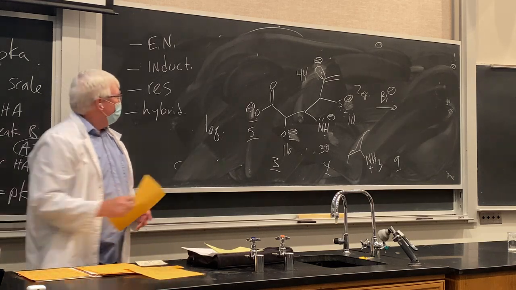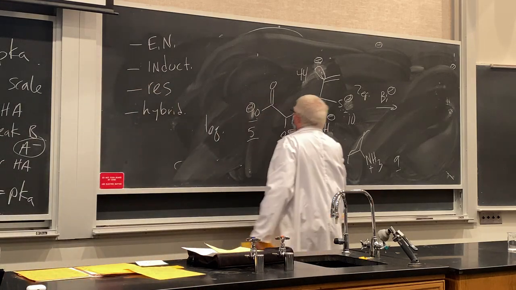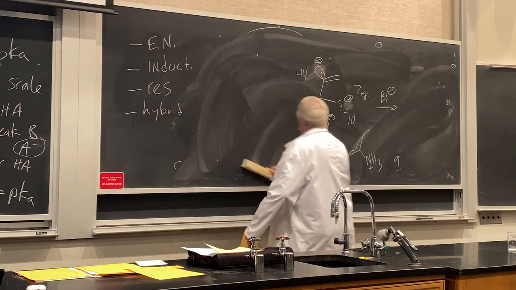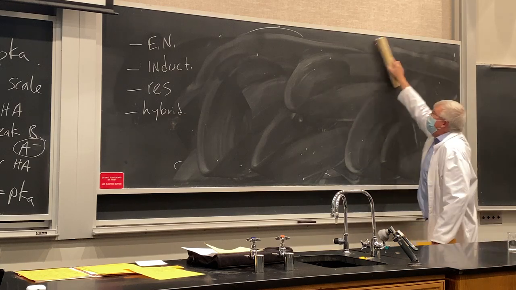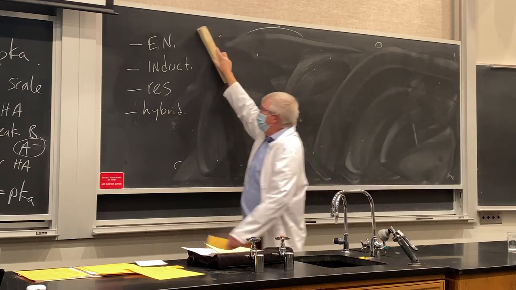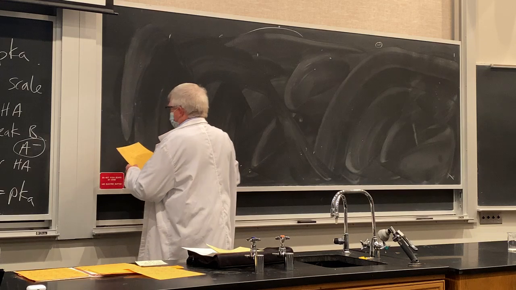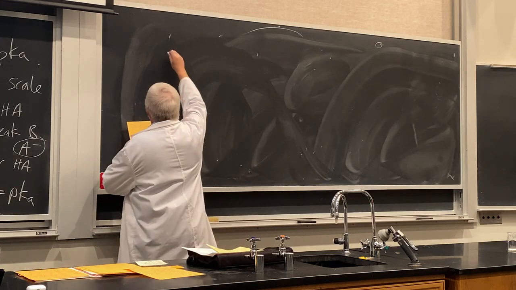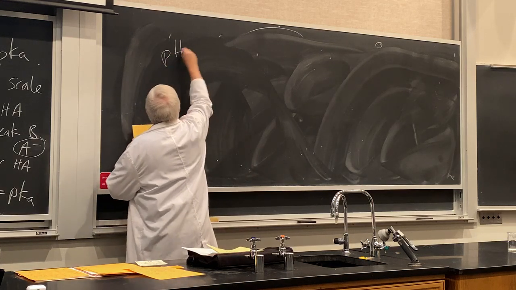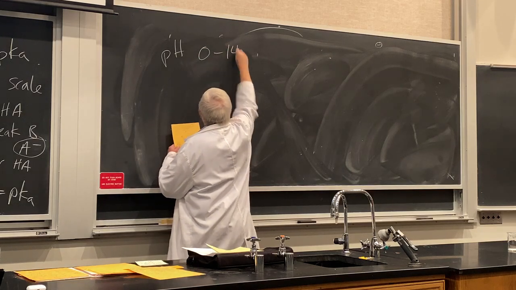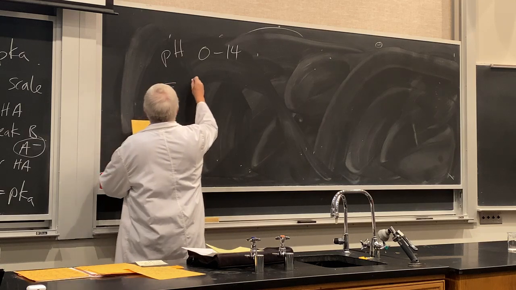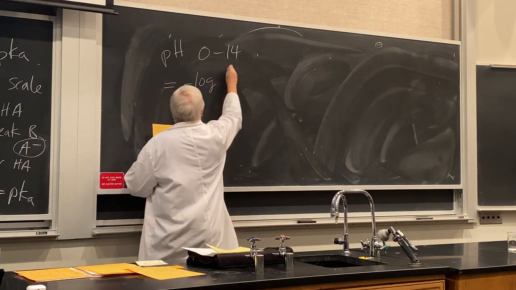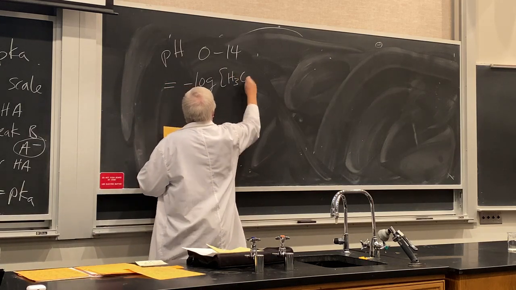Let's get to water here. Let's go back to water. And we talked about water to begin with when we talked about the KAs last time. Let's see, when we talk about water, talk about the pH scale, which goes from 0 to 14. And when we talk about water, pH actually equals minus the log of hydronium ion.